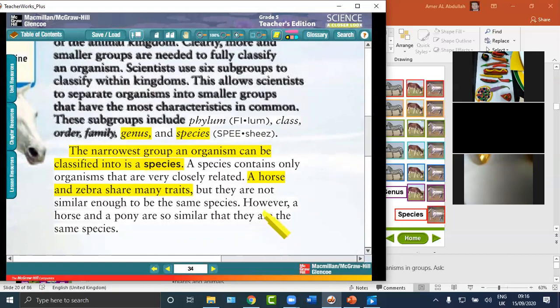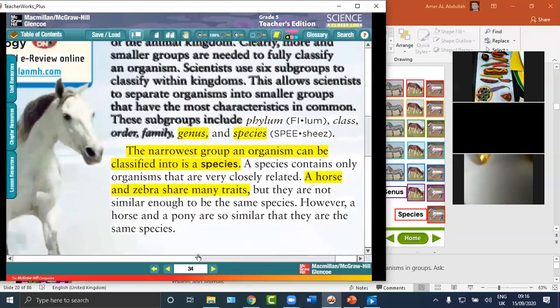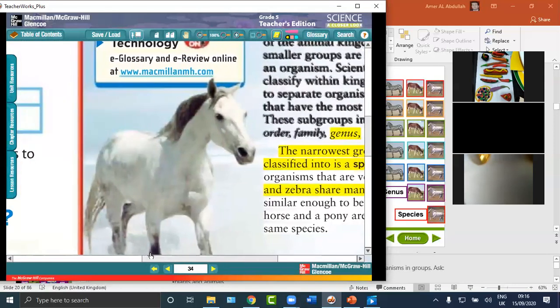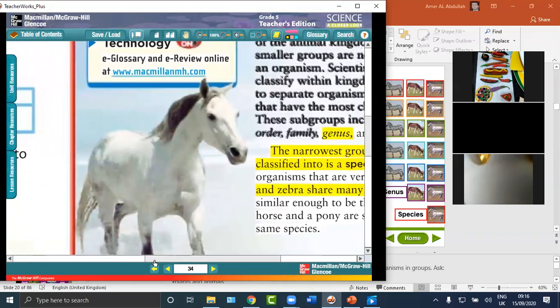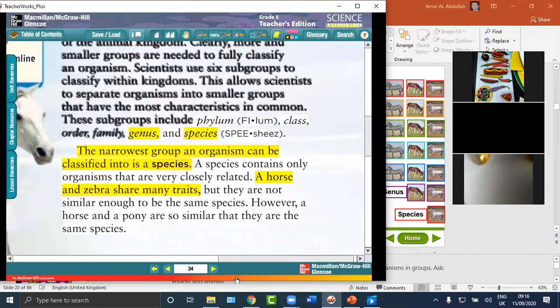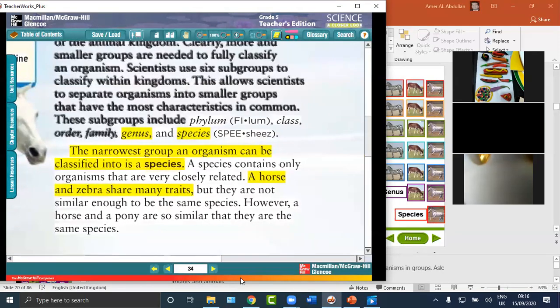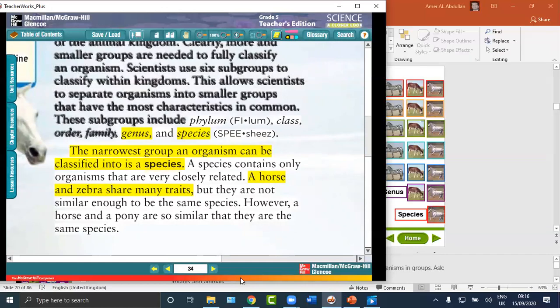Okay. Here you can see the properties between horses. The narrowest group is called species. Species contains only organisms.